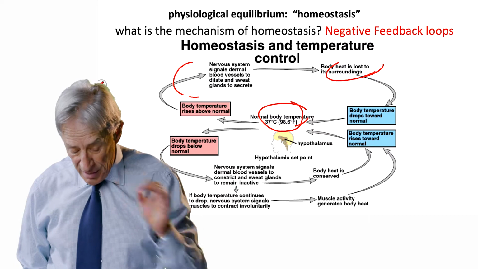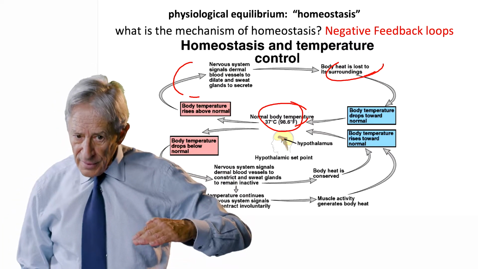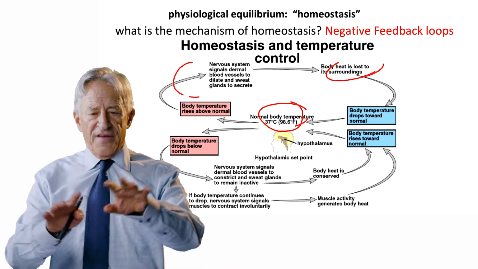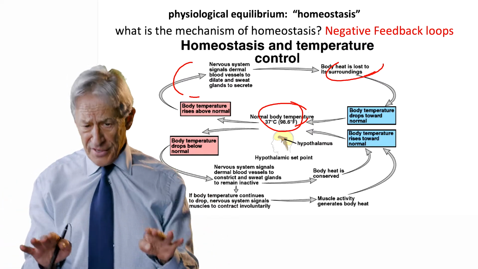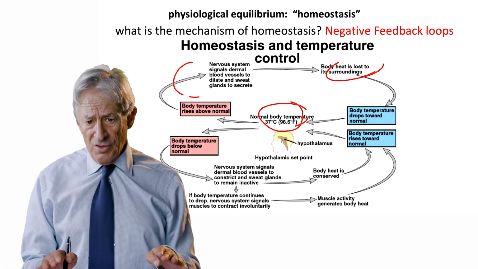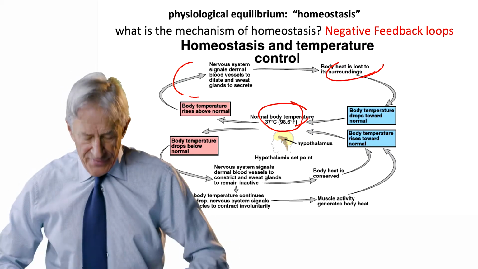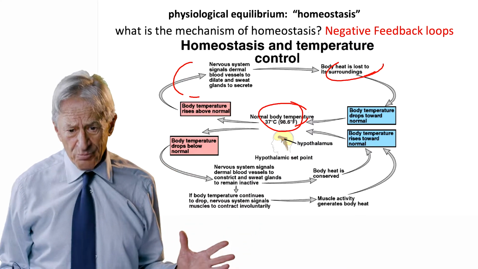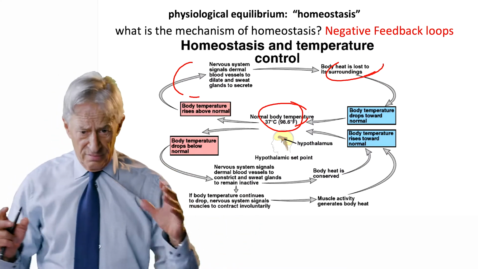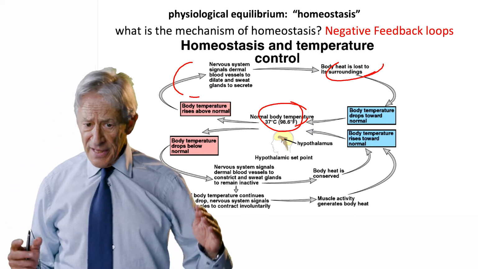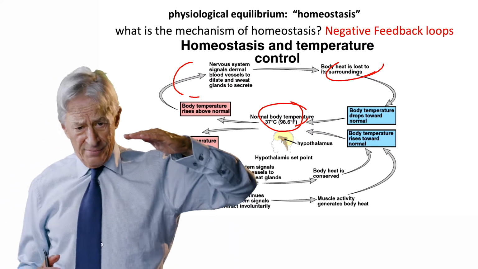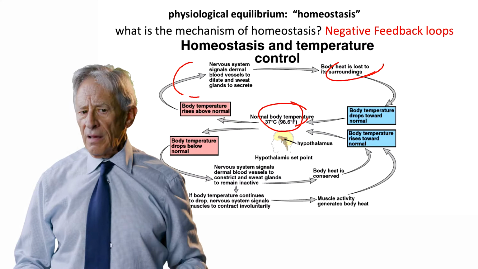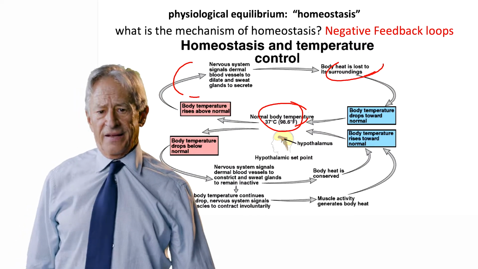And conversely, if you get a little cold, then the hypothalamus senses that and vasoconstricts peripherally to retain the blood in the trunk where it will not be dissipated into the environment. So this is a beautiful idea. This is taught in physiology classes. Everyone knows that normal body temperature is 98.6, and here is the negative feedback mechanism maintaining the constant body temperature of 98.6.